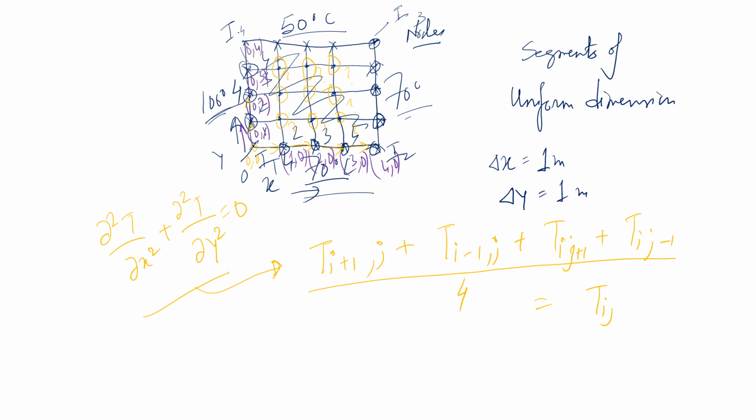Now we have to know what is the temperature at this point. This is T1,1, where x is 1 and y is 1, that means i is 1 and j is 1.